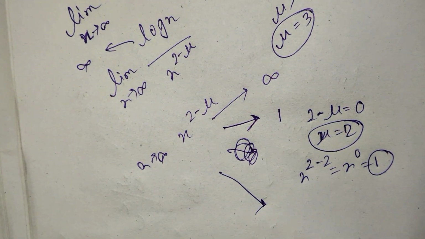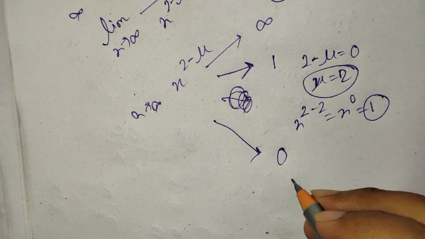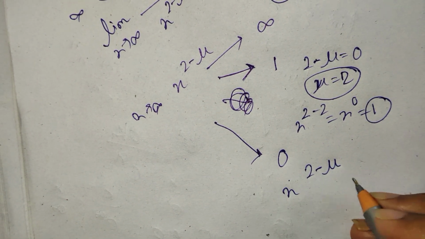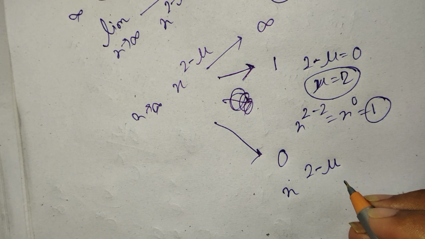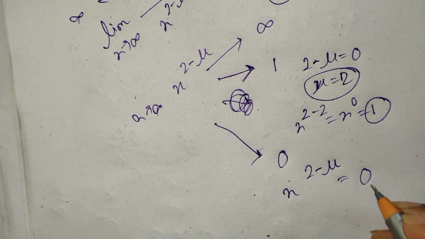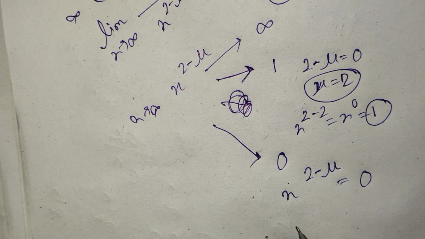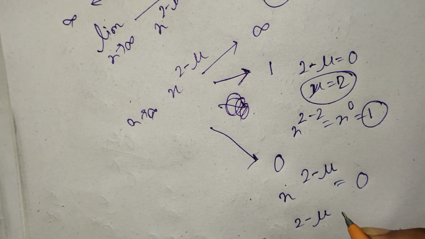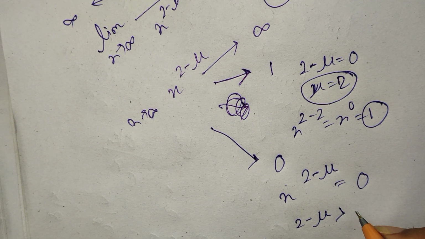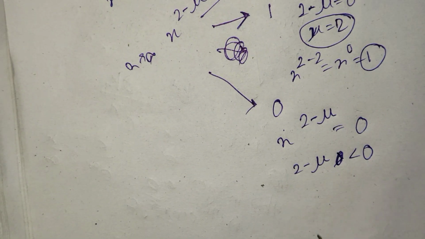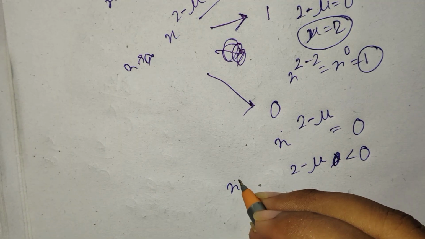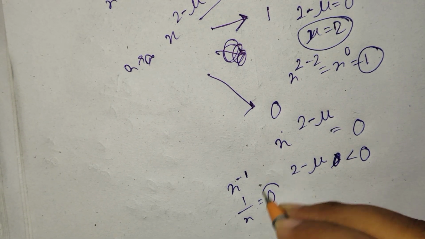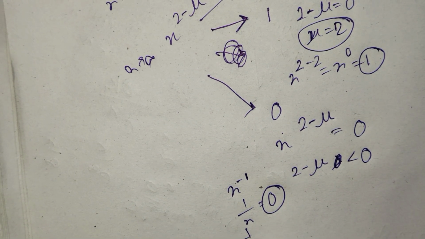And the third case is basically 0. Why? Let's say x to the power 2 minus mu is 0. When will it happen? When 2 minus mu is less than 0. Because let's say we are talking about x to the power minus 1 and we are putting infinity, so 1 by x, which is 0. Hopefully you can understand 1 by infinity is 0.